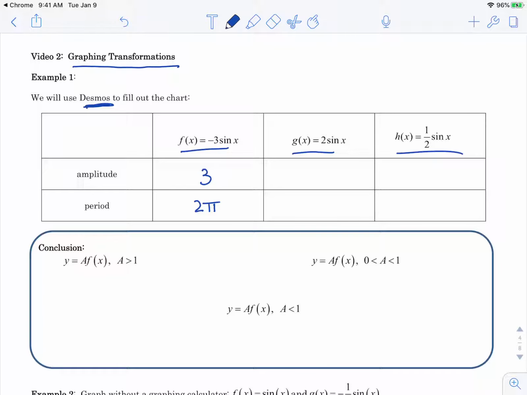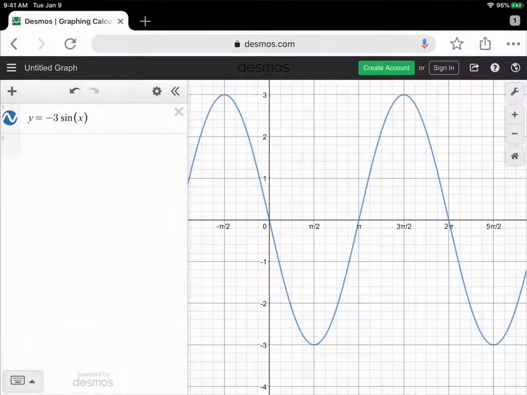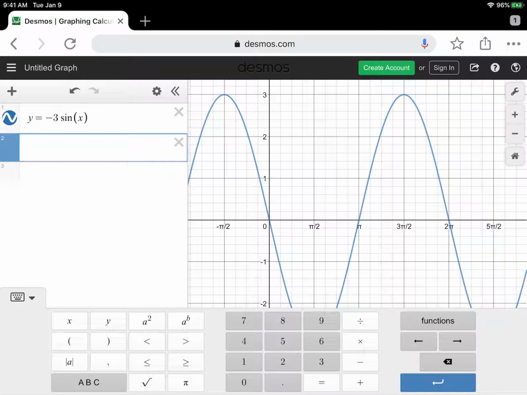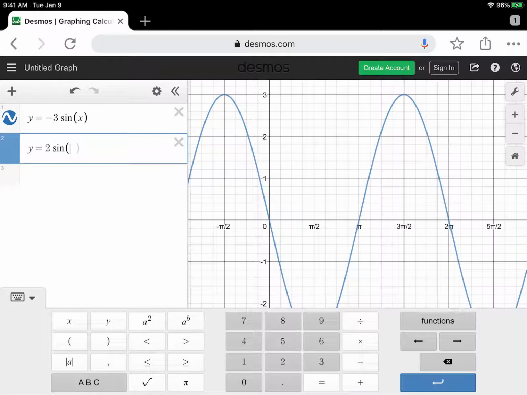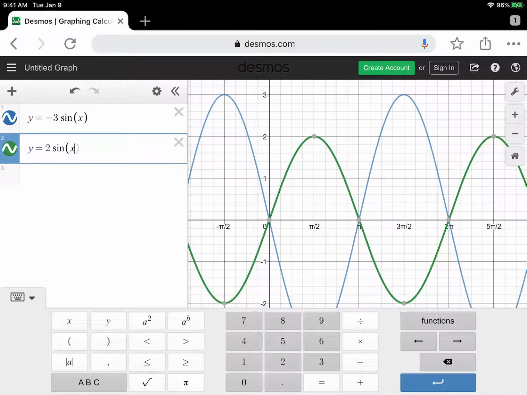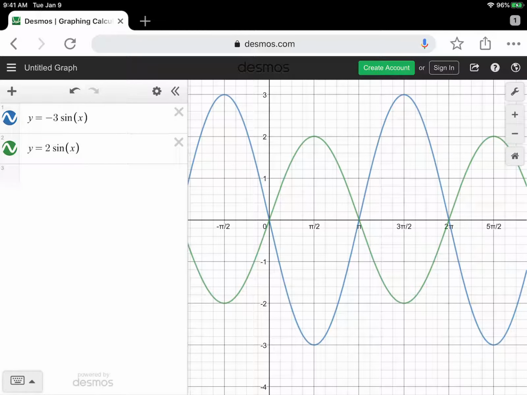Now, if you go ahead and plot y equals 2 sine x, well, here you have a green graph. Here's my midline, cuts it right in the middle, still at y equals 0.